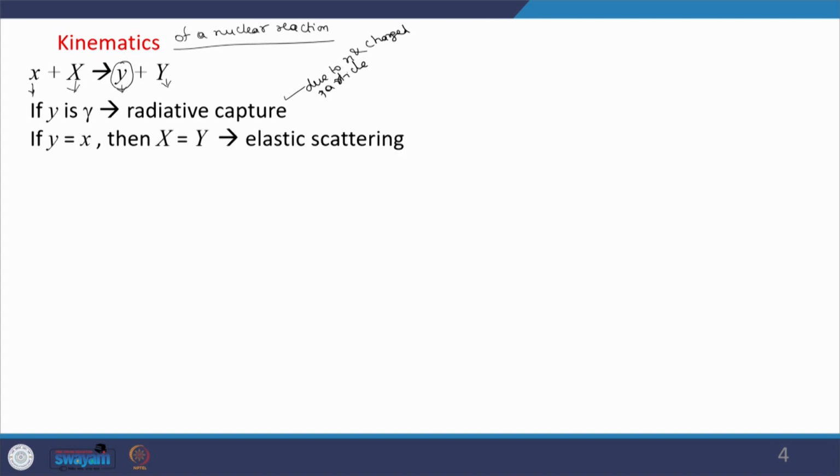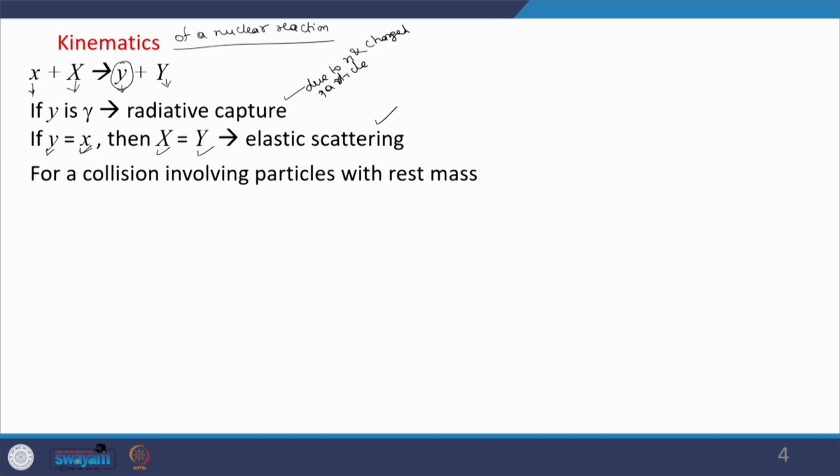What if small y and small x, the ejectile and projectile, are both the same? Then the target nucleus and the product nucleus are also the same, and then we say this is an elastic scattering process. This we know very well, right? Okay. So, consider a collision now which involves particles with rest mass strictly.